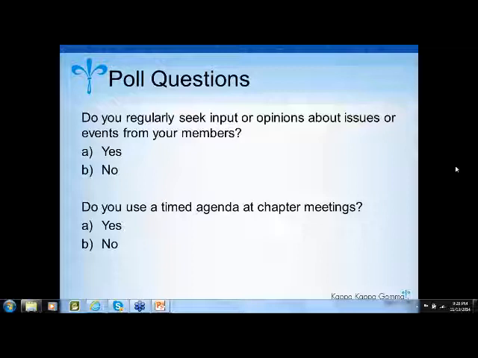And this is just a very personal pet peeve of mine. Don't ask me to come to a meeting and then not ask me to participate in some way. Give me something to vote on. Take my opinion on something. If it's just a report-out meeting, you haven't engaged everyone in the chapter. So engage the chapter members, and once there's engagement, they become more engaged themselves because they feel like they have a voice in what's going on.